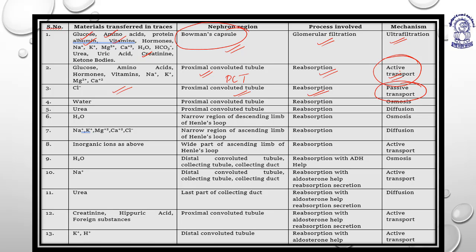So Na+ enters the PCT at the brush border with the help of active transport, and the Cl- moves through passive transport.